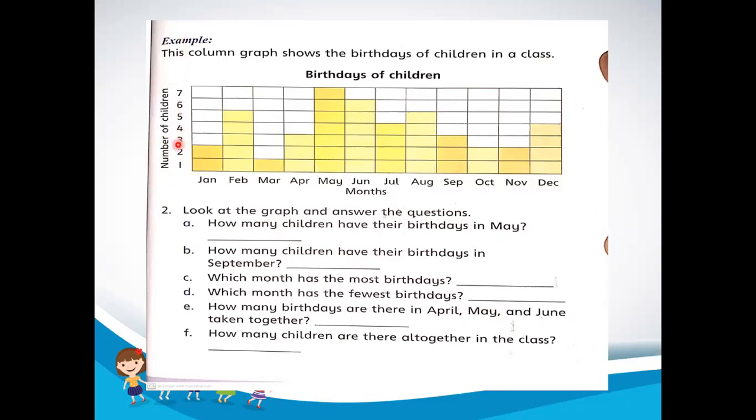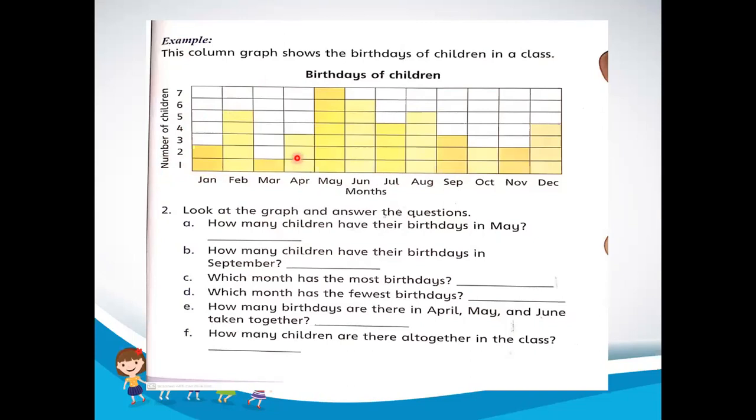And we show the data in the form of columns, not in pictures. So you can see that in January, 2 students have birthdays. In February, 6 students. In the month of March, 1 student has a birthday.